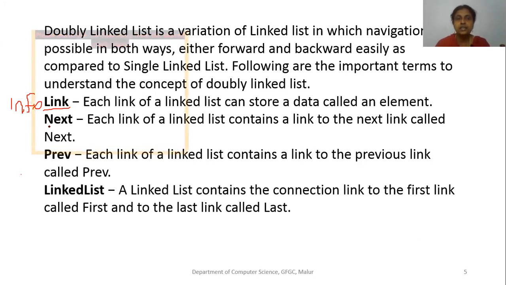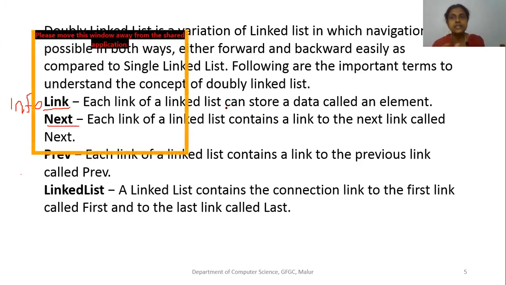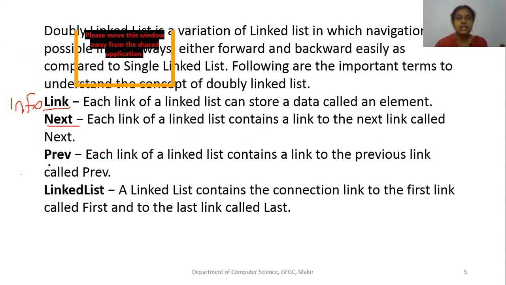Next represents the address of the next link, the right side address location, which we call next. Previous represents the left side of the data, which will hold the previous node address, that we call previous.